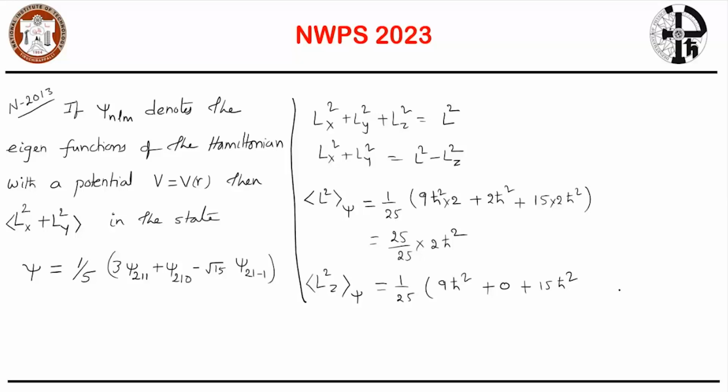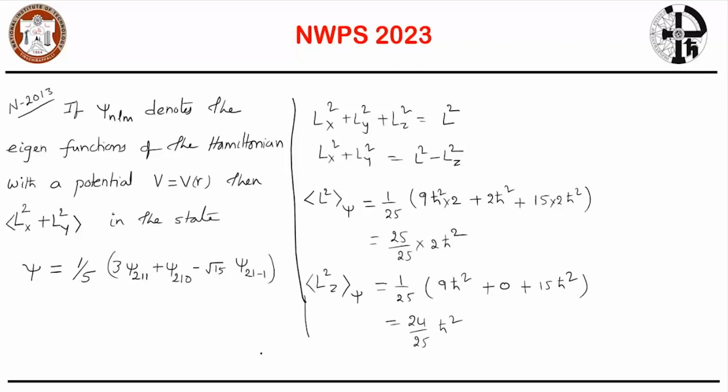The Lz value is -1, and squared that is 1. So 15 and 9 is 24, which is 24/25 h cross square. Appropriately you take the difference, and that's your answer.